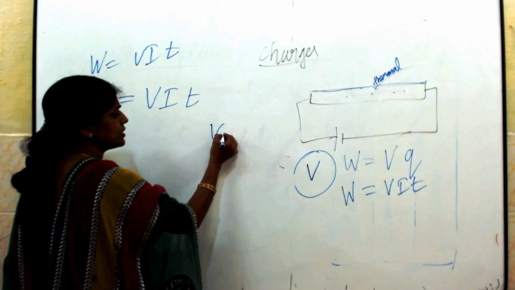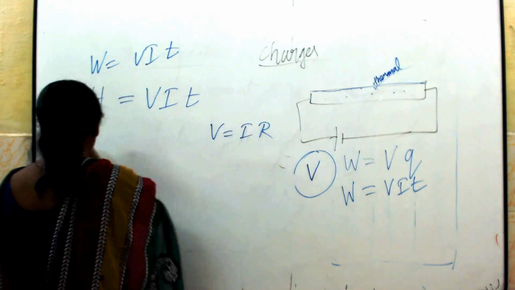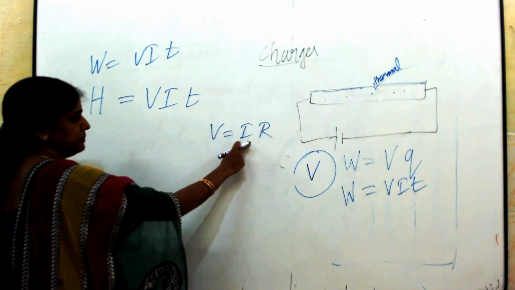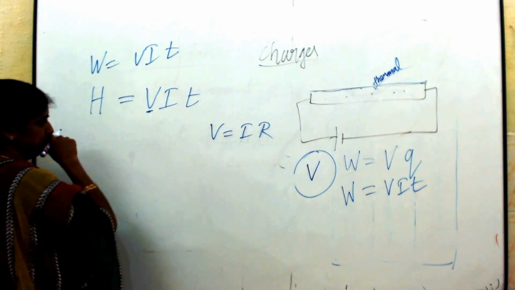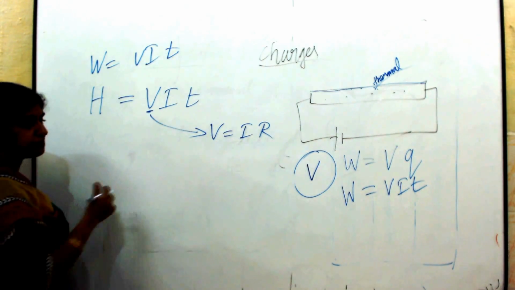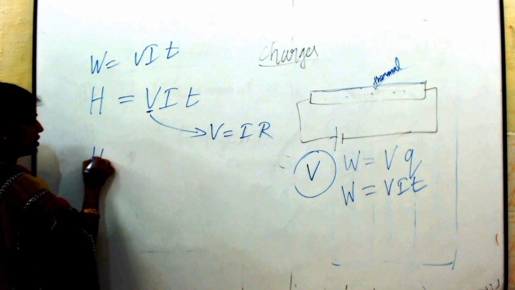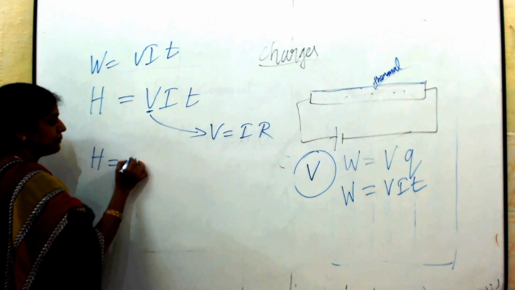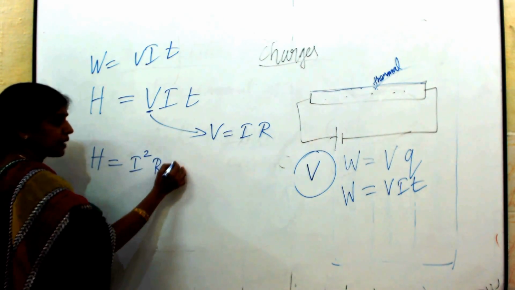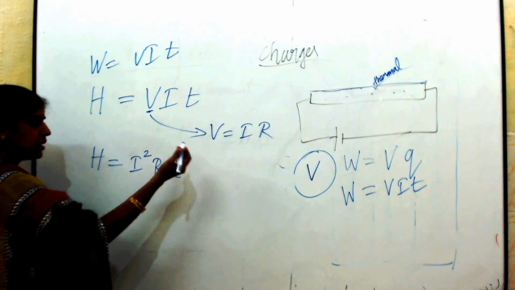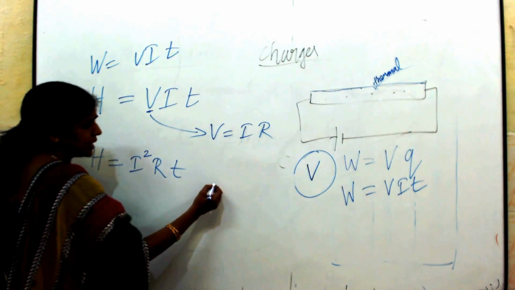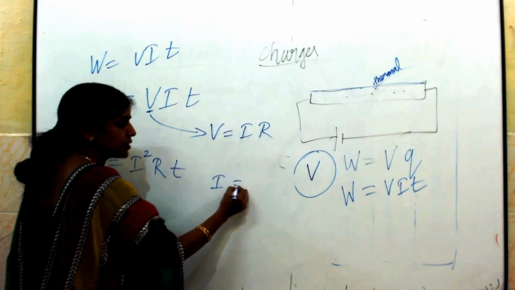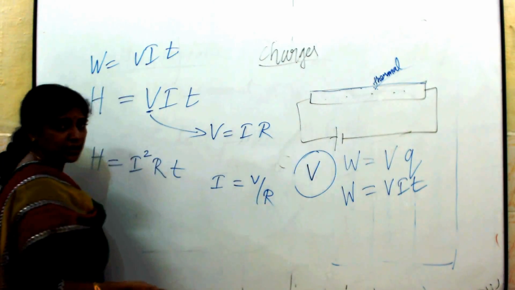By Ohm's law, we know that V equal to IR. Substitute this here. What happens to this equation? H is equal to, if I substitute V equal to IR, it will become I square RT. Clear? Then I can also write this as I equal to V by R, isn't it?